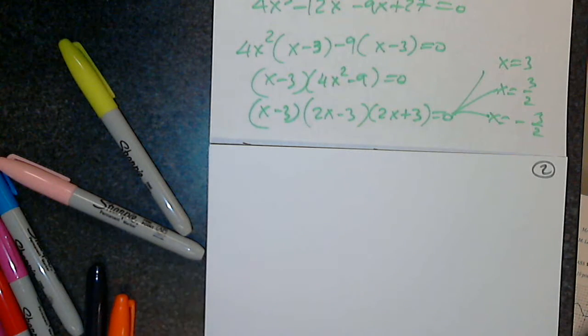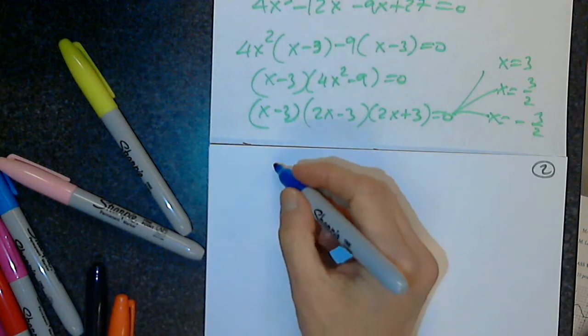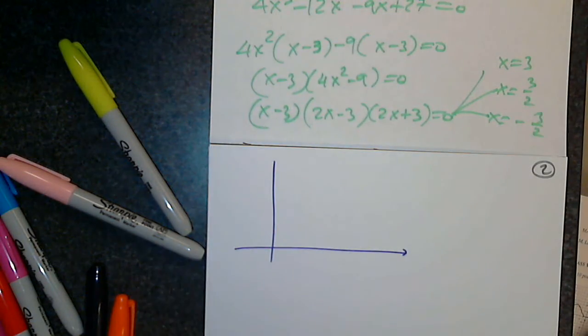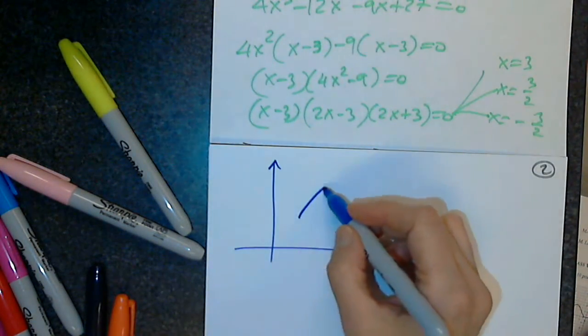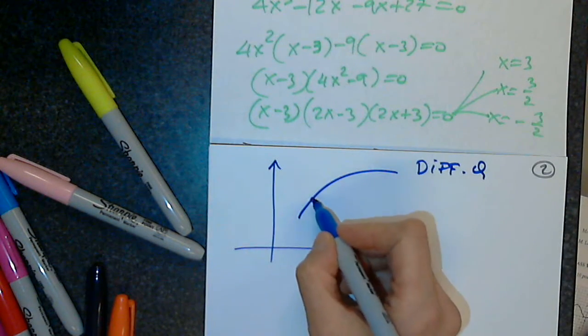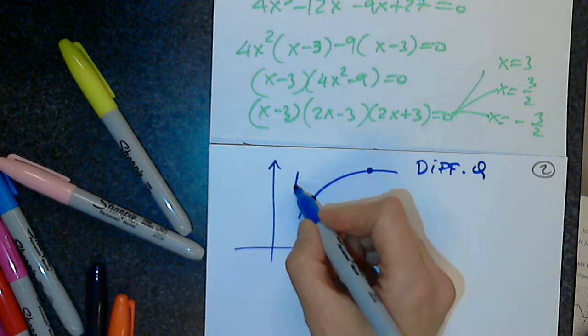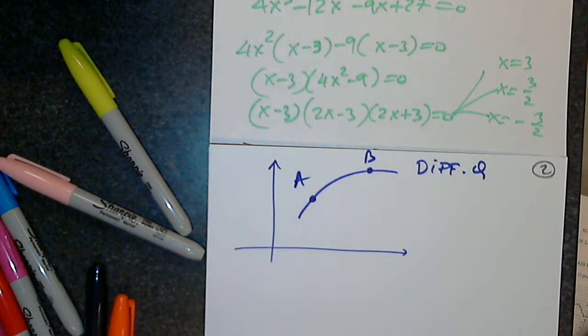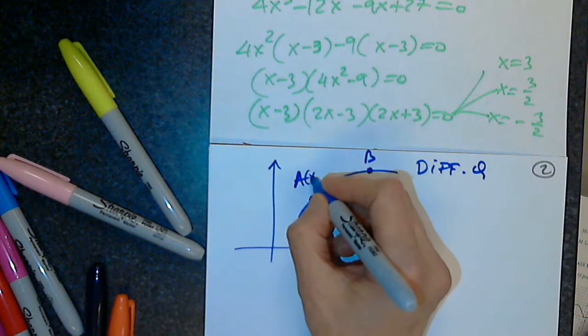If you remember, a while back, it actually was Monday, we looked at something called the difference quotient. We said this was point A and this was point B. Now I'm going to say that this is x1.